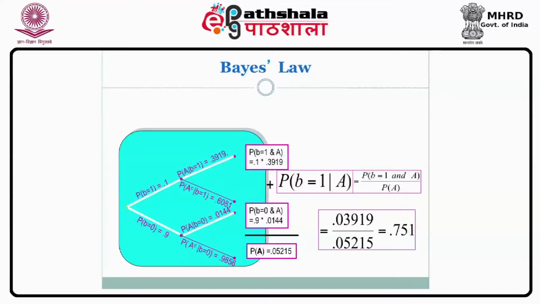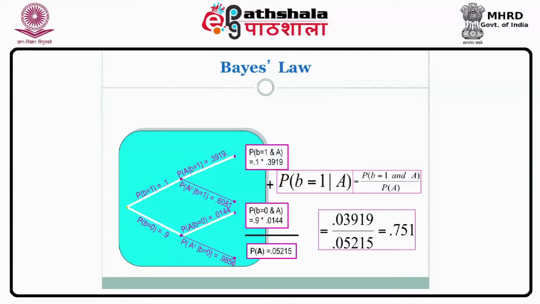So we have two boxes: one is the chance that the alarm rings and burglary occurs, 0.3919, and the other is the chance that the alarm rings and burglary does not occur. If you add these two, you get the chance of the alarm ringing, which is roughly 5% or a bit more.